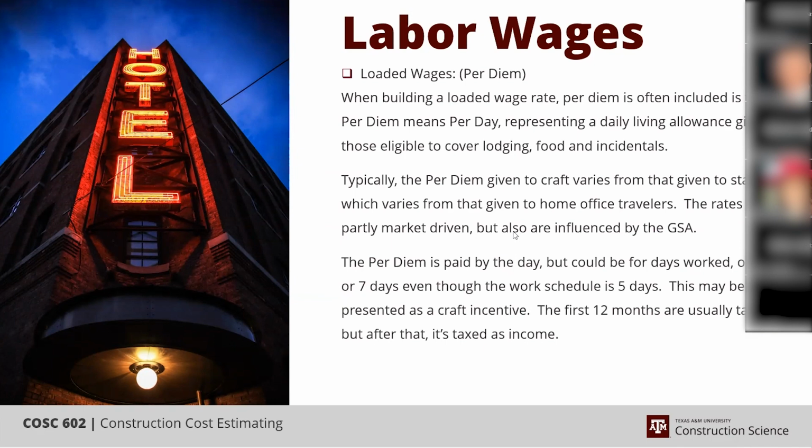Per diem is something that's very important on the industrial side. Like I was saying earlier, most of our craft are travelers. To qualify for per diem, typically you have to live 50 miles or farther from the project site. They are masters at finding a way to make their 35-mile home be 50 or greater.